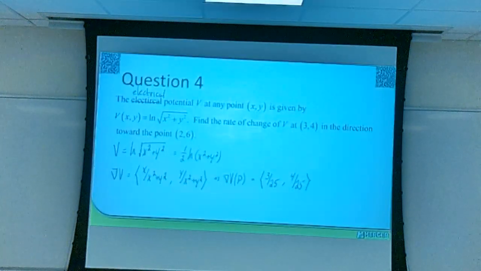What's our direction? No, I just want the direction vector for right now. You don't have to worry about it being unit just yet. Just what is the direction?